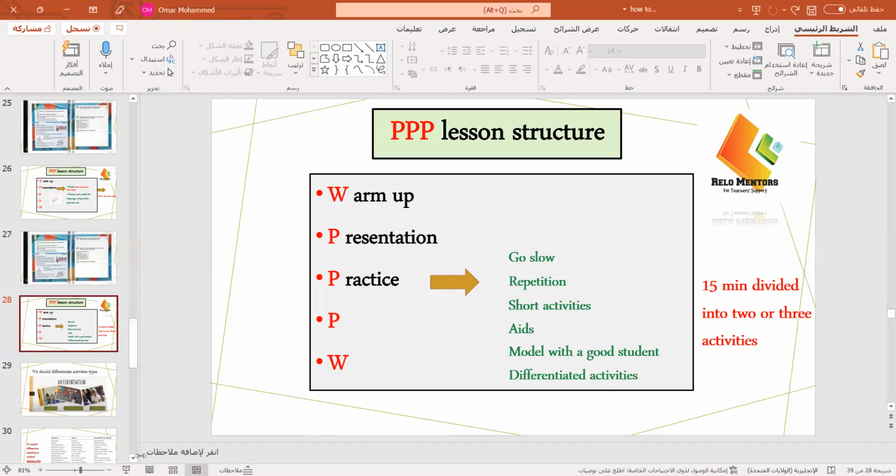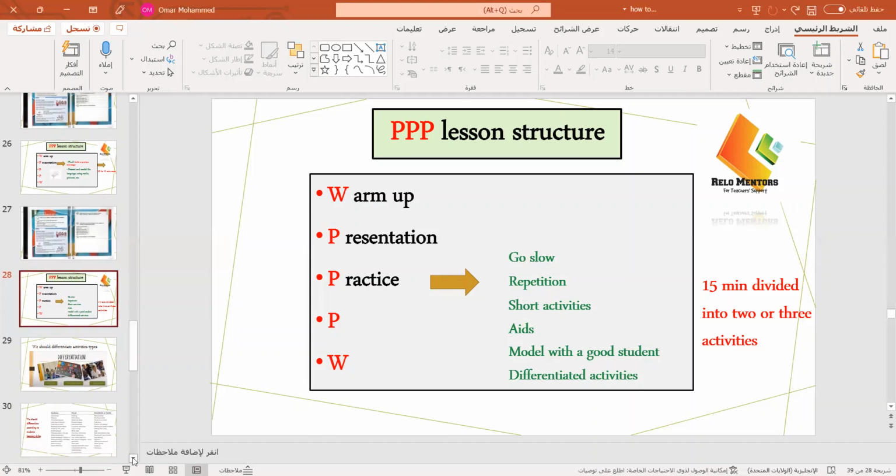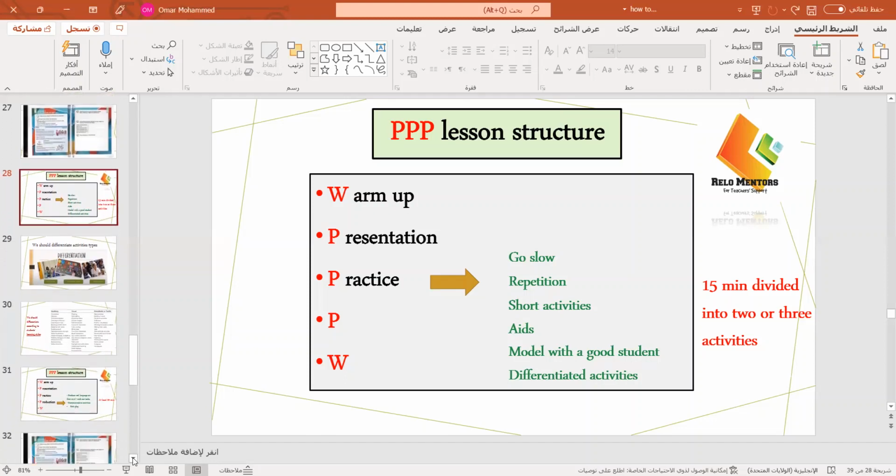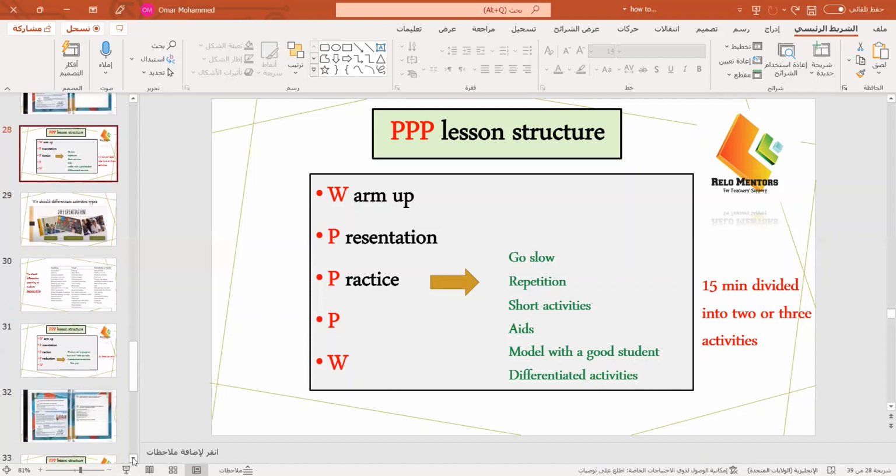It can be short activities because we need to have different activities. Do you think we should use differentiation, or should we have different activities in our practice? Alrighty, experienced teachers, everybody can share in the chat with us now.